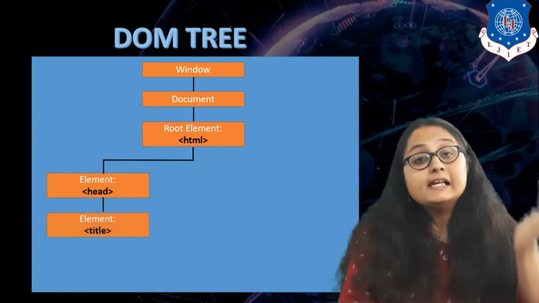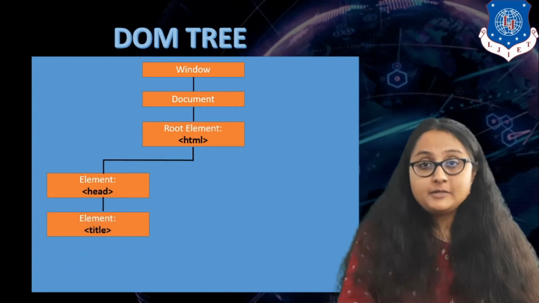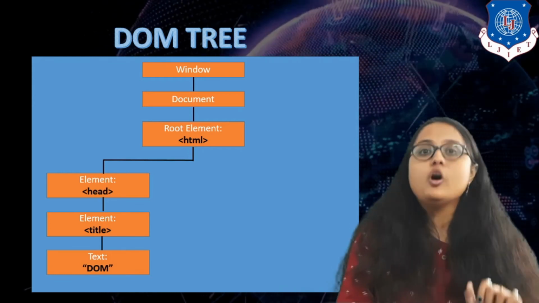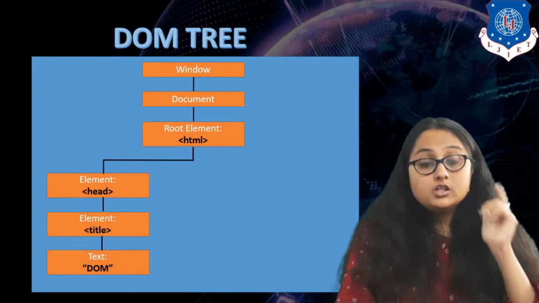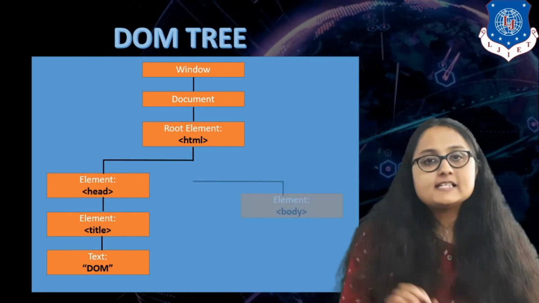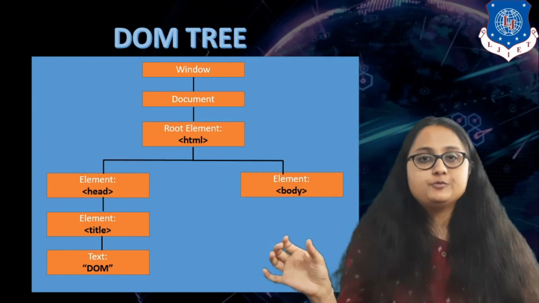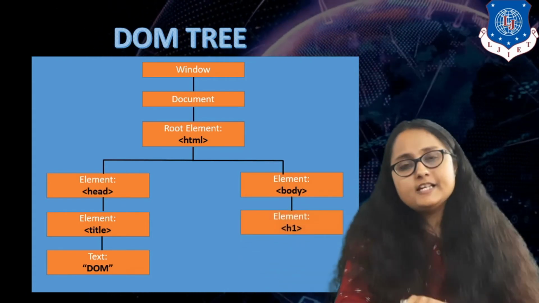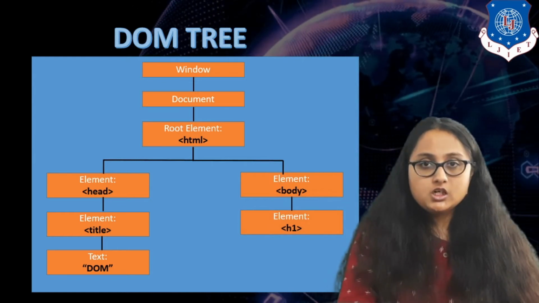Inside head you had another element called title. Inside title you had a text called DOM, right? Now for HTML, there were two portions, the head portion and the body portion. So there is a body element as well, and inside the body there was a heading, right?